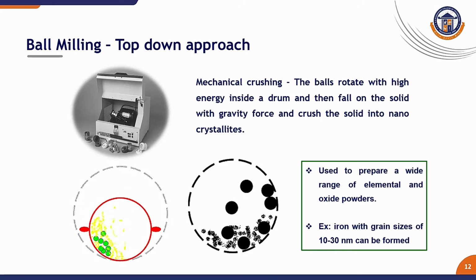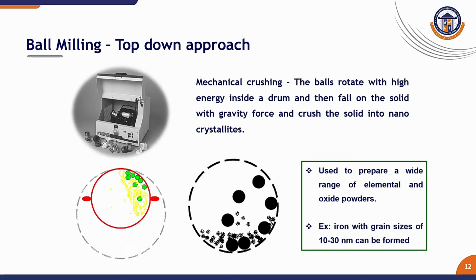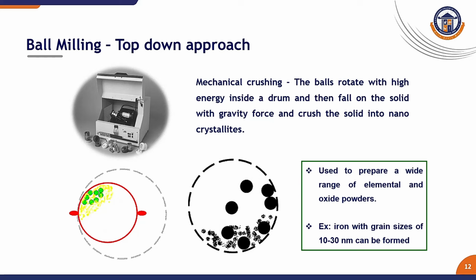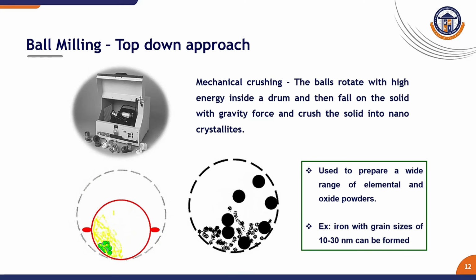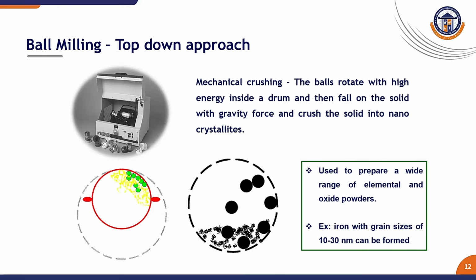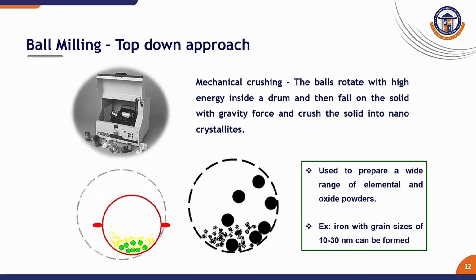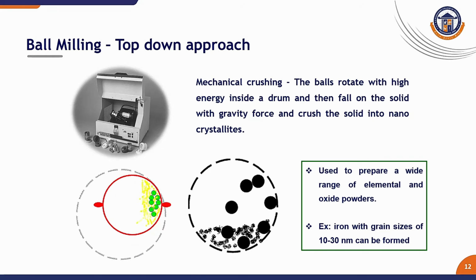Nanomaterials have a very high surface area to volume ratio, making them highly reactive, harder, and less ductile. This explains why nanomaterials are extremely strong and sometimes brittle.